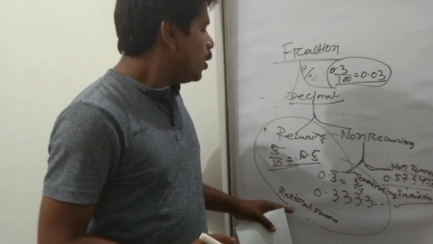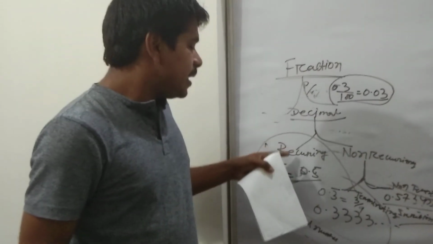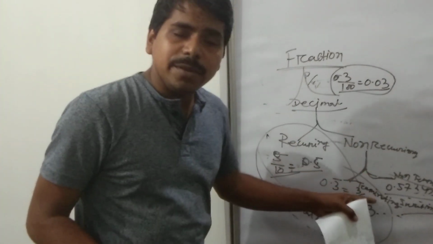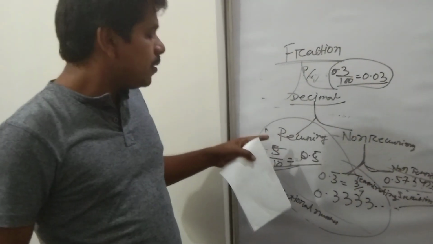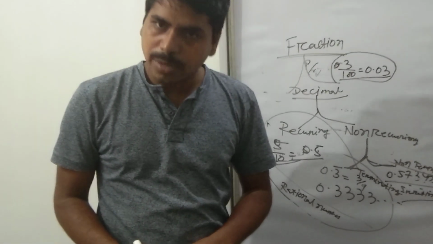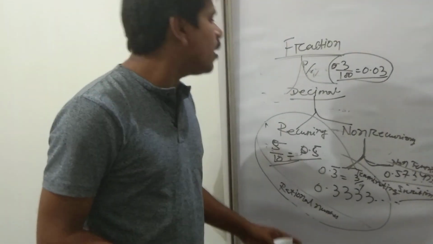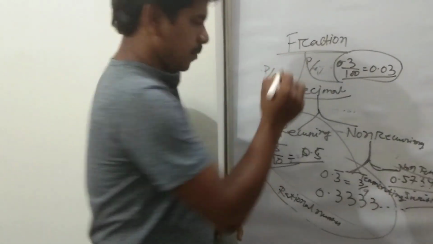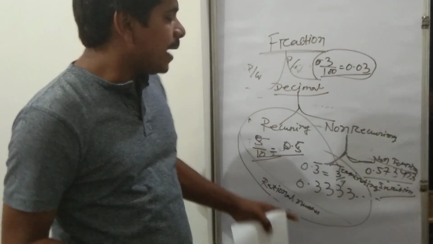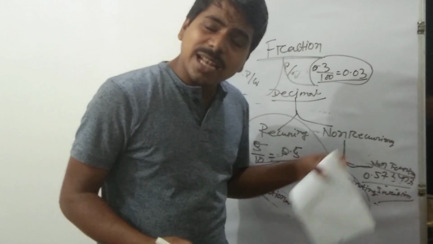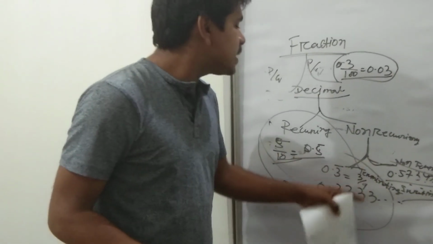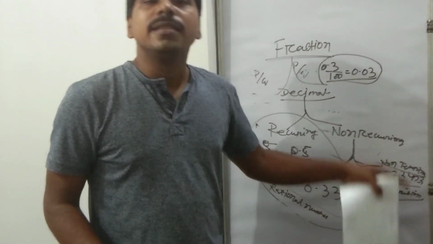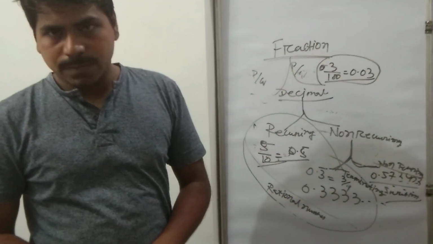The decimal number which is recurring or terminating. The rational number is also represented in the form of P by Q. What is the irrational number? The number which is non-recurring and non-terminating.